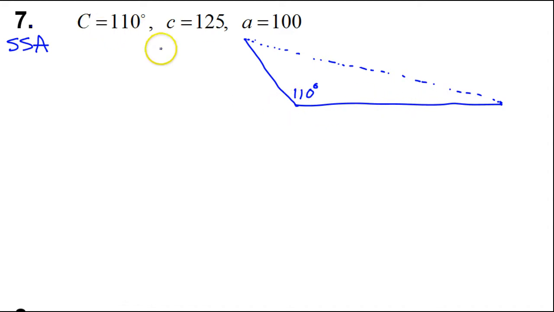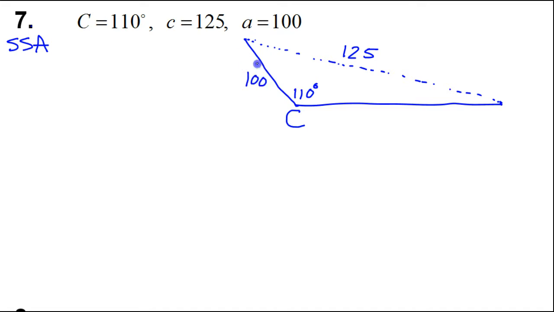So anyway, this is angle C. That makes this side C, so the 125 has to go here. Go ahead and let the other side that you're given be the rigid side. So I'm going to put the 100 right here.